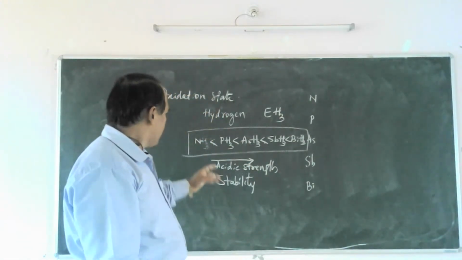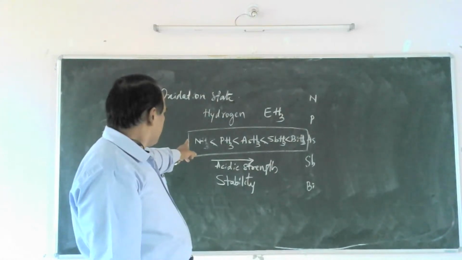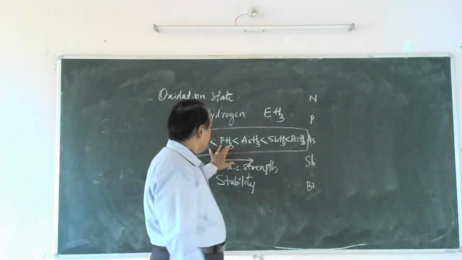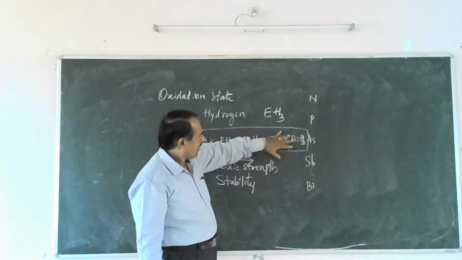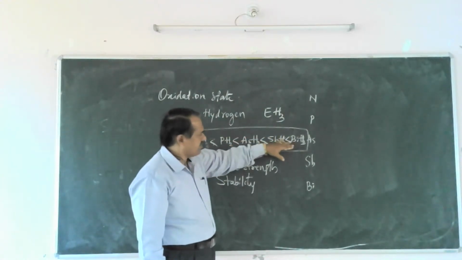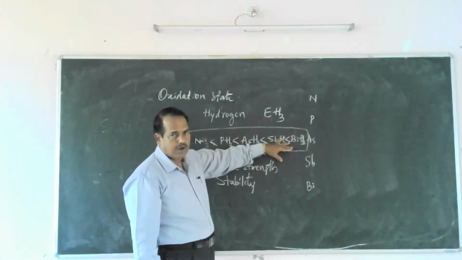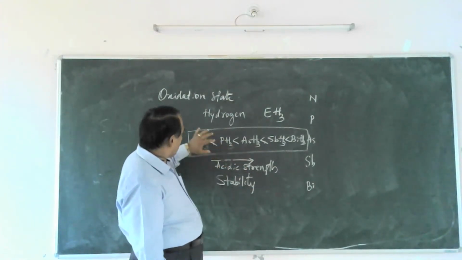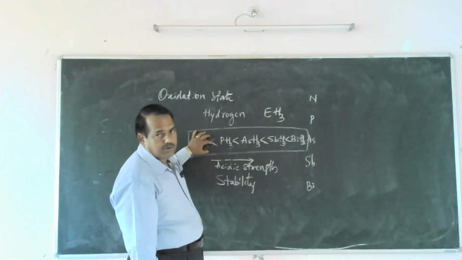As the size of these atoms increases from ammonia and phosphorus trihydride onward, according to stability, ammonia is more stable.